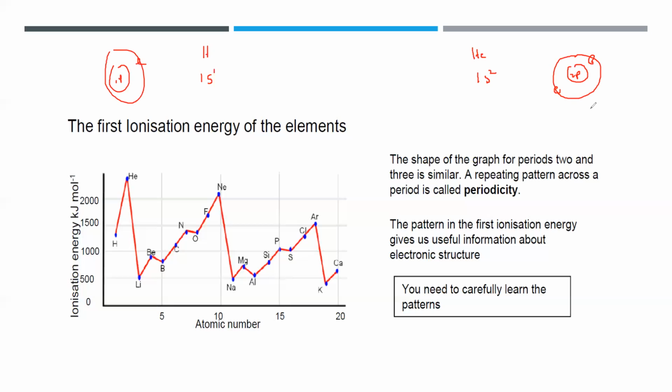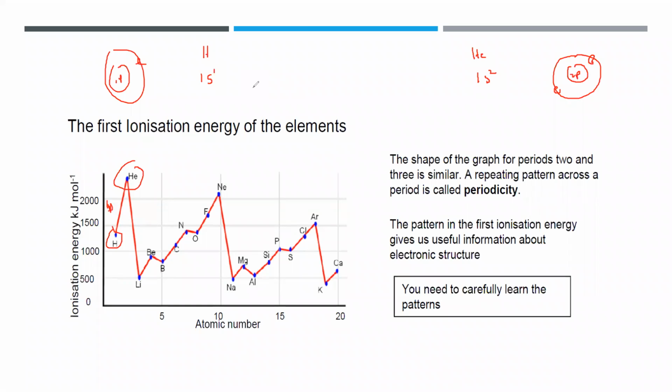So helium will have a stronger force, and it has a complete shell. That's why the ionization energy of helium will be more than hydrogen. That's why the highest value of first ionization energy for any element is for helium. So this is for the first period.